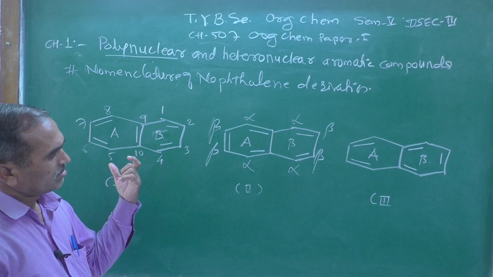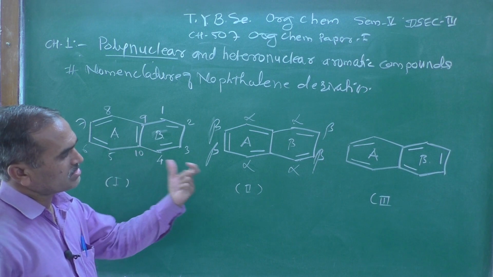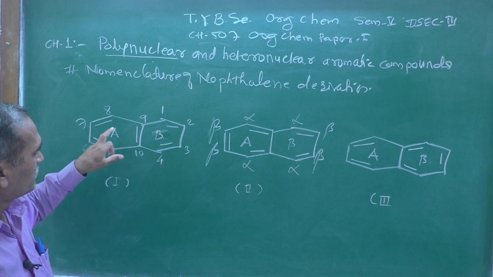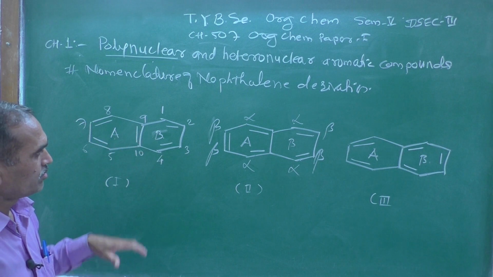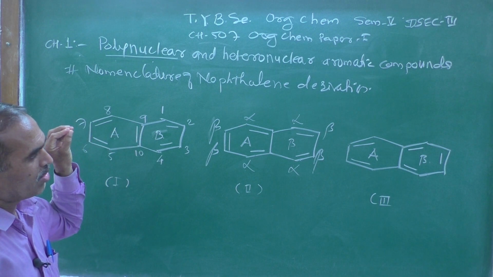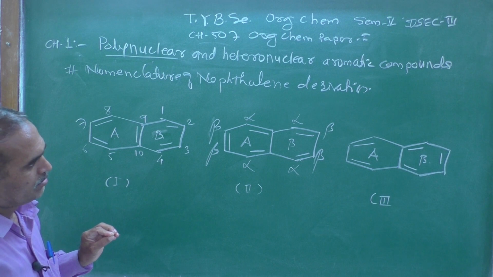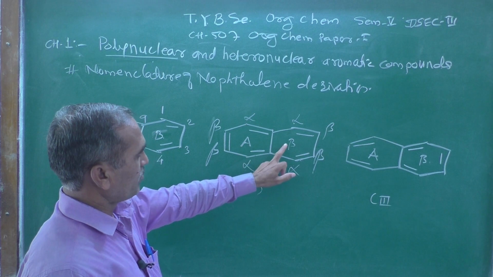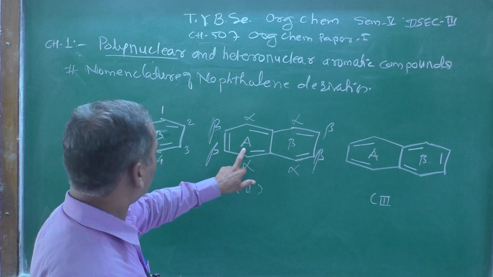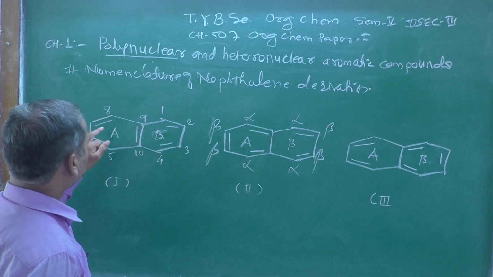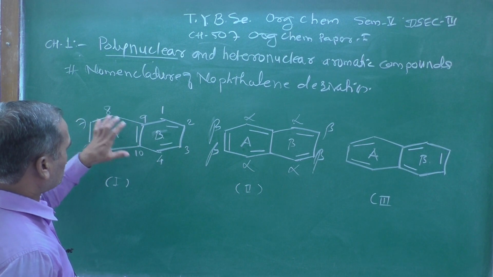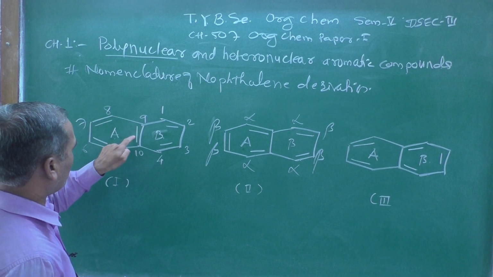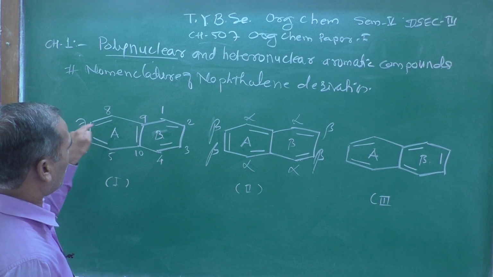So what differences would you see in structure first and second? Here, rings A and B both look aromatic in nature. If you see ring A and ring B here, in the case of A, alternate conjugated double bonds are present: double bond, single bond, double bond, single bond, double bond, single bond.